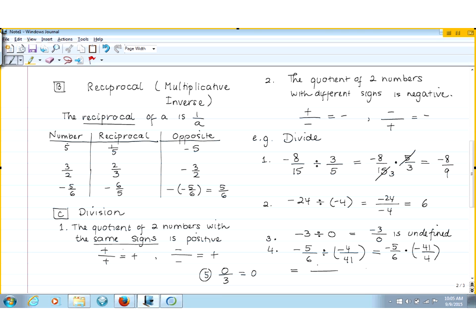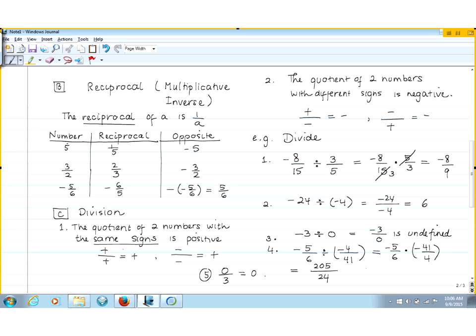So 5 times 41, what is 5 times 41? 205 divided by 6 times 4. 24, yes. So we can leave it as improper fraction, and I know we cannot simplify anymore because we cannot cross-cancel any terms here. So it's just going to be 205 over 24.